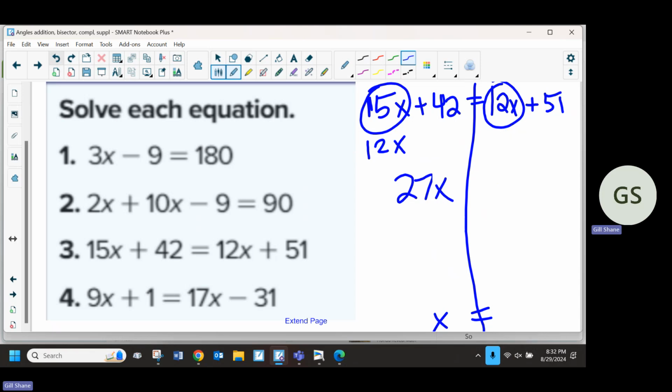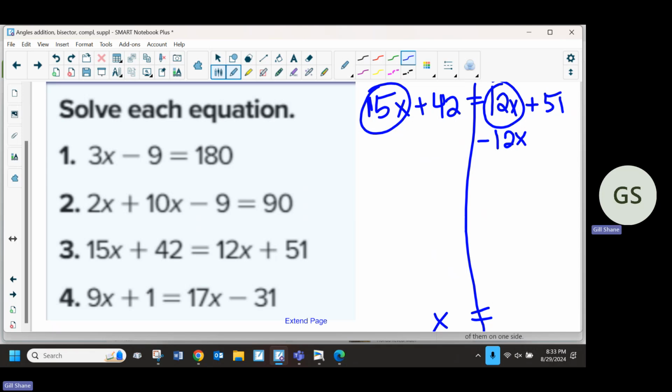So the correct way to do this, and if you just have to memorize this stuff, memorize it. If you have x terms on opposite sides of the equal sign, some on the left, some on the right, the way you combine them into one group is you have to think about getting rid of them on one side.